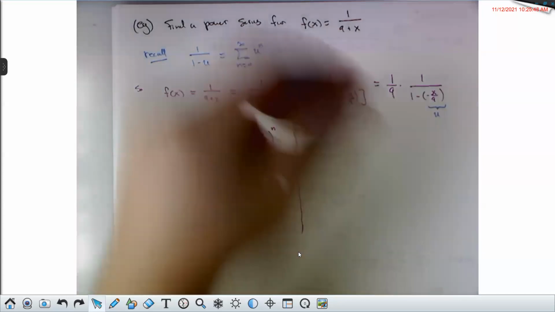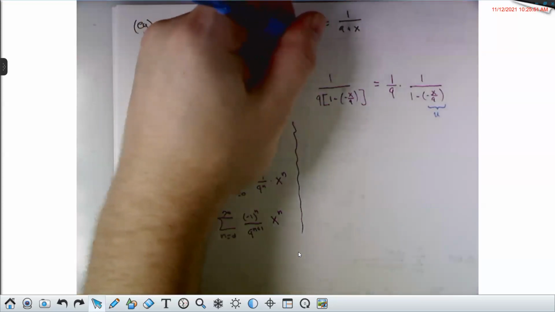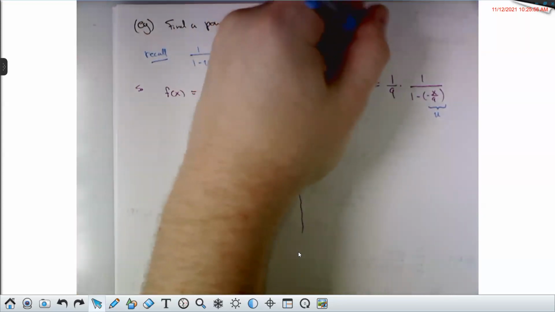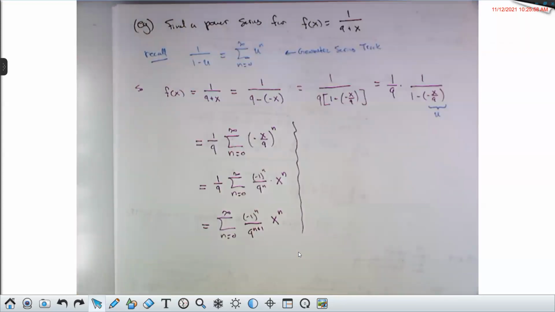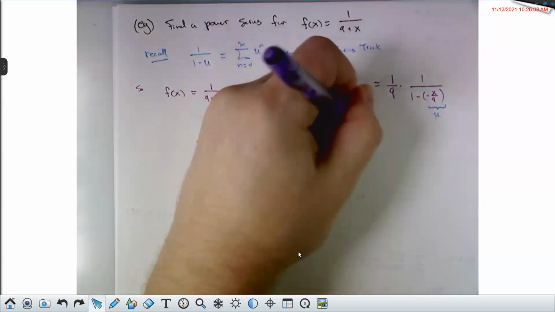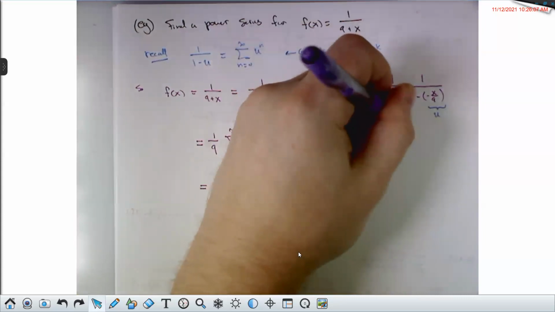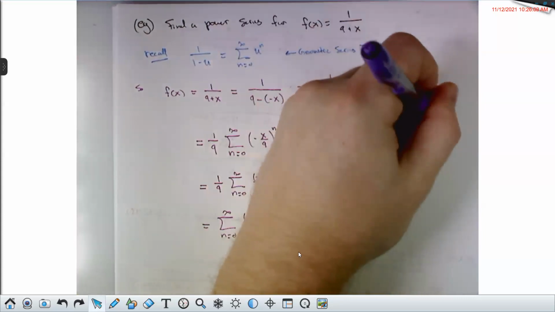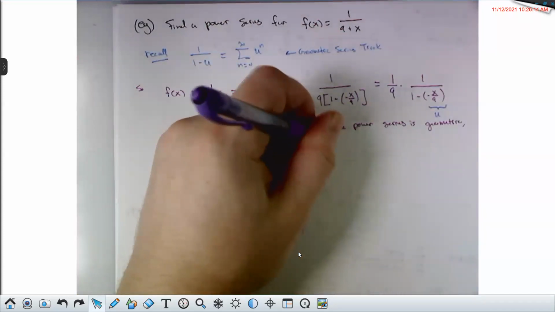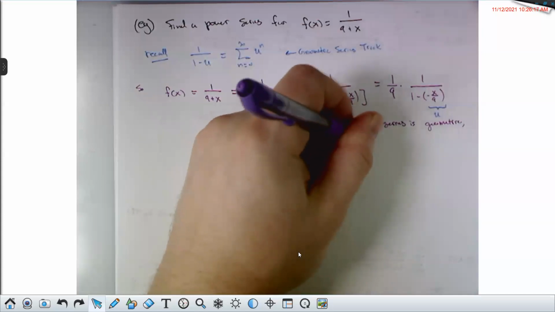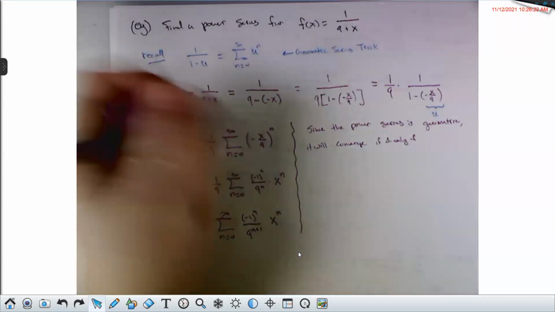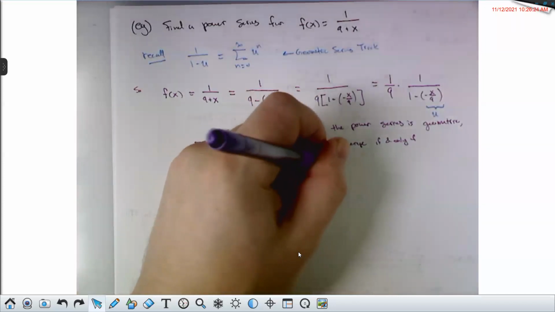Right? This is the thing we call the geometric series trick. Since our series is geometric, it will converge if and only if the absolute value of the common ratio, which we've called u here, is less than 1.